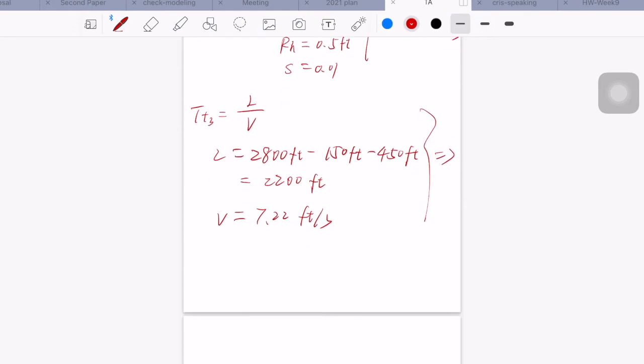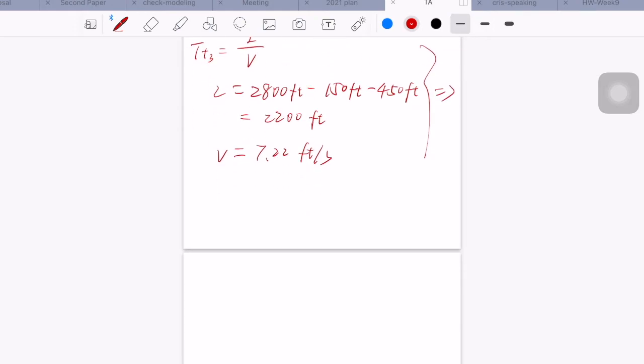So we can determine that TT3 should be equal to 2200 feet divided by 7.22 feet per second times 1 hour divided by 3600 seconds. So we can determine that TT3 should be equal to 0.085 hours.